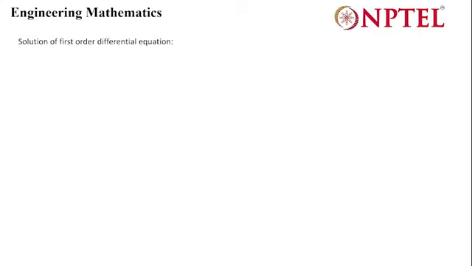There are 5 or 6 types of first order differential equation. First order means only your order of derivative will be 1 here. Today I will tell you all the types, and we will solve the questions in the next class.